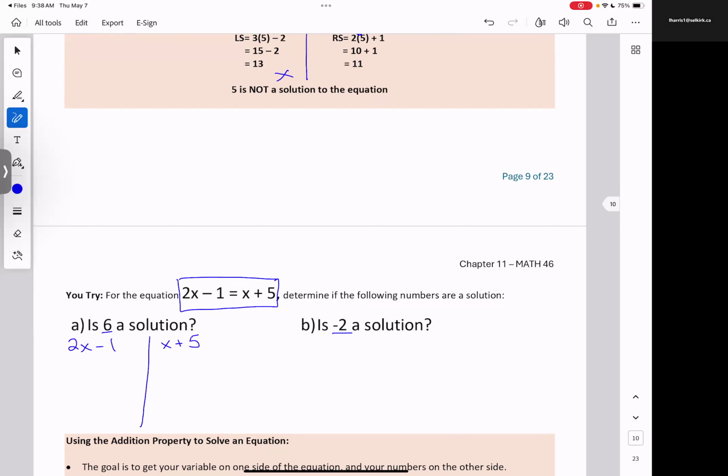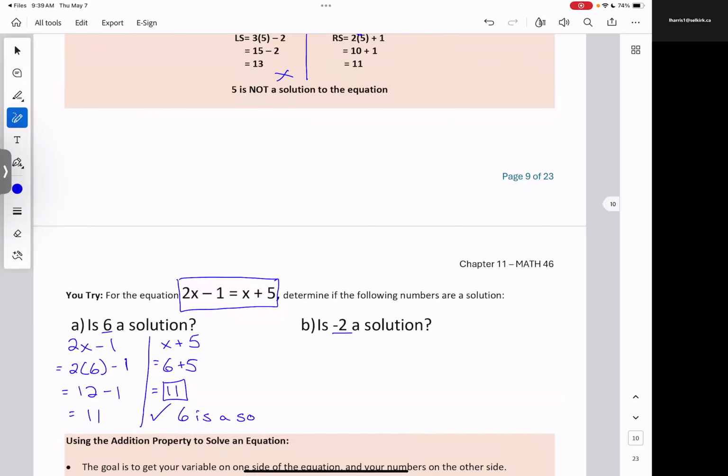I'm going to substitute in a 6 for x, so I'll have 2 times 6 minus 1, which is 12 minus 1, which is 11. So I end up with 11 on the left. On the right, I will have 6 plus 5, so I also get 11. So that means yes, 6 is a solution.